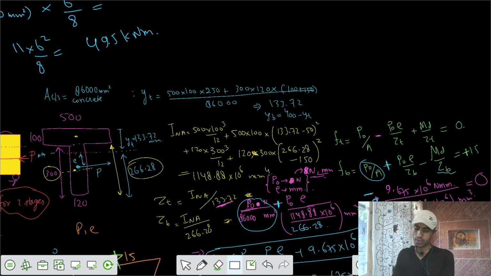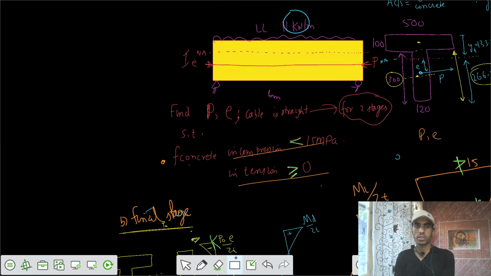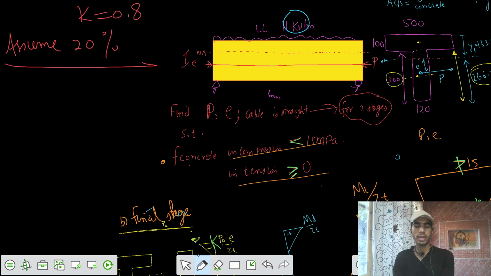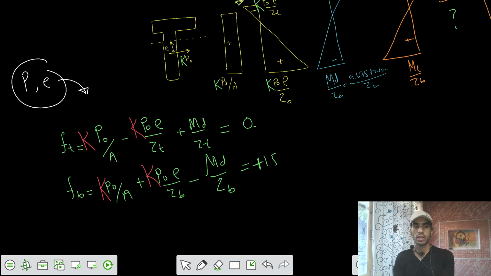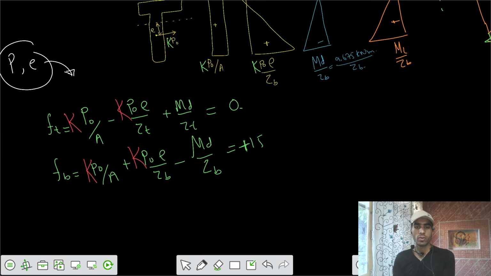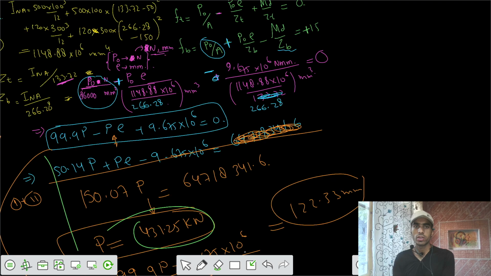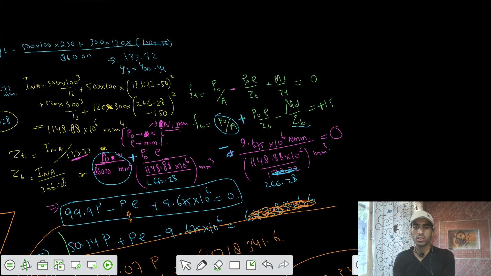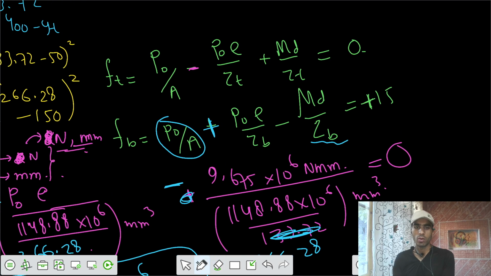It's saying that in general you can assume 20%. Let's assume that we have 20% loss. That means K value is 0.8. So let's solve for that. These equations we know. We need to take those equations and just multiply by that K value of 0.8.